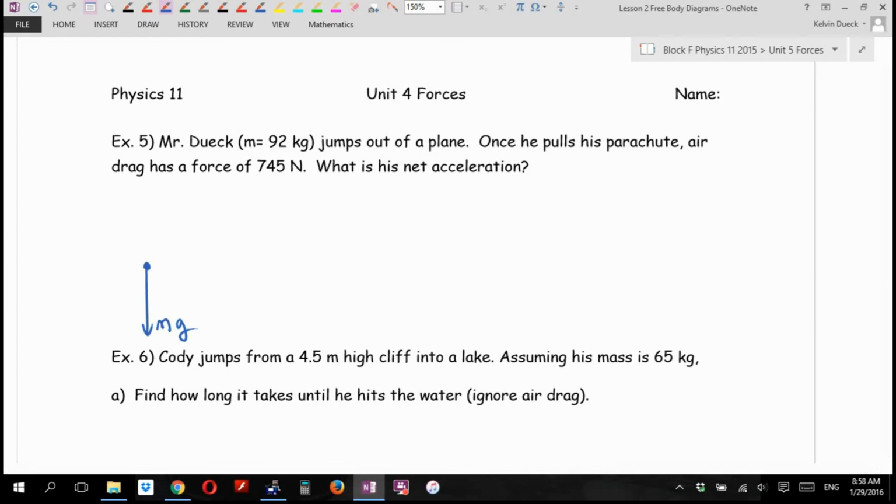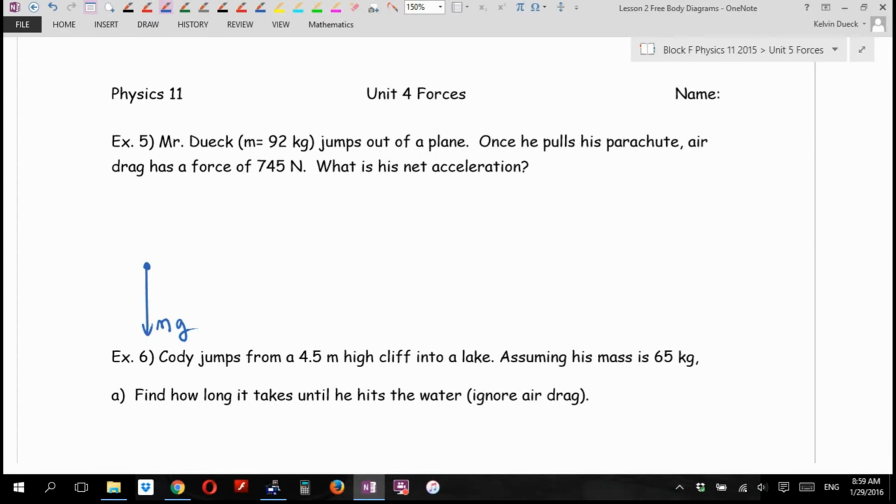Once I pulled my parachute, according to this question. What did I call that parachute force? I used 2 words. We'll call it drag. Okay? Which way? Up. Bigger or smaller or the same size as gravity?